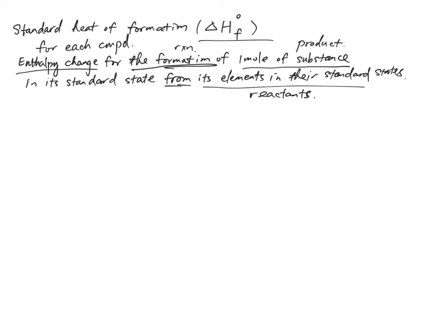So this is the reaction in which we make 1 mole of a compound out of its own elements. Let's see some examples. Now, what's the chemical compound we deal with the most? Well, obviously, it's water.